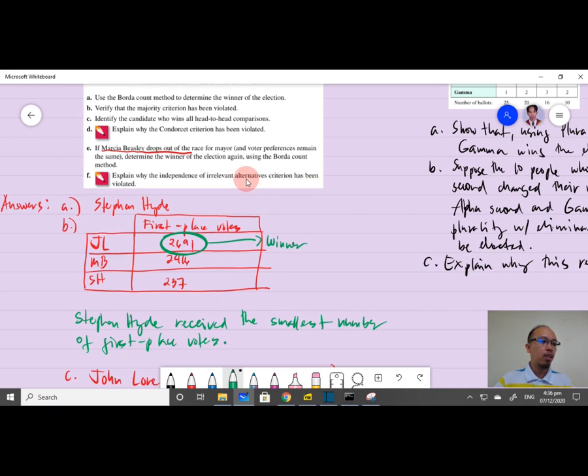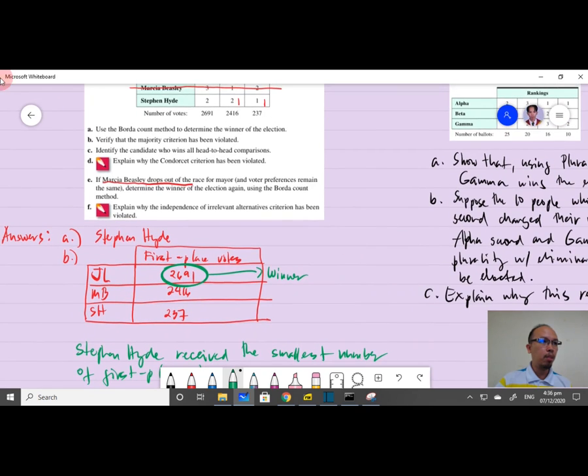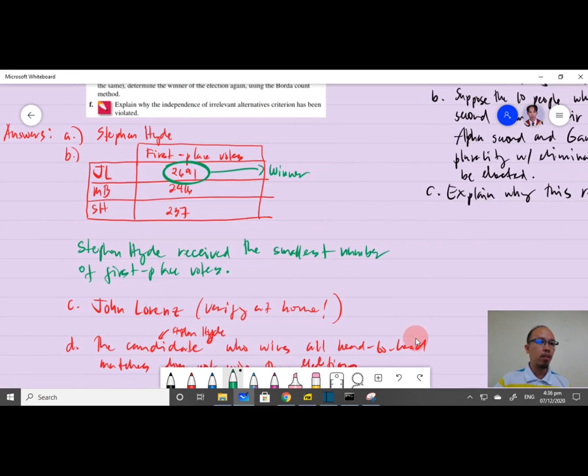It's clear, if someone drops from the race, the winner should remain the winner. So in example A, the winner is Stephen Hyde, but in E, the winner is John Lawrence. So this is the reason why the independence of irrelevant alternatives criterion has been violated.